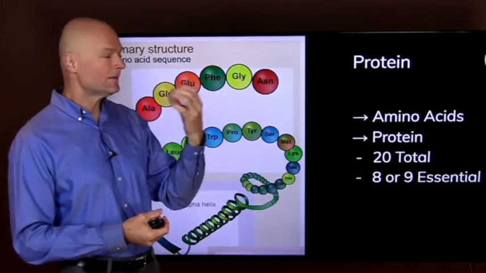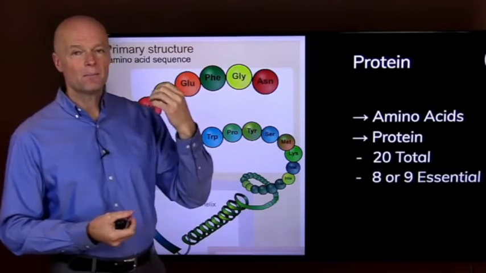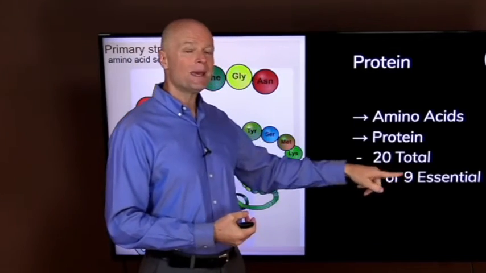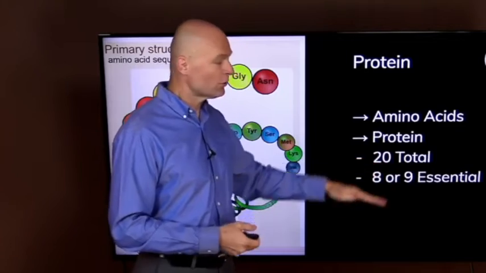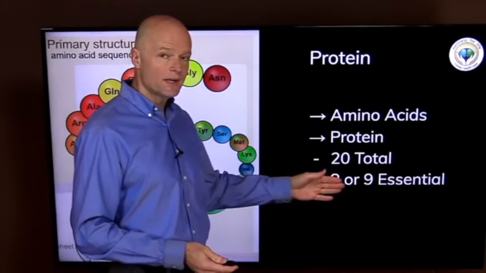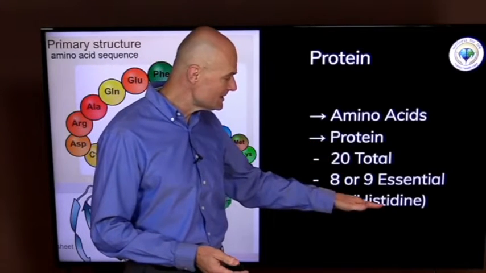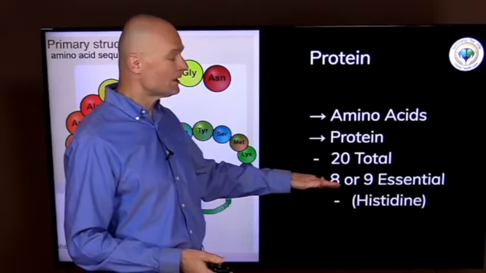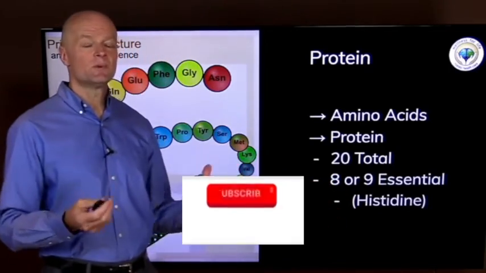We have to eat them because the body can't make them. But if we eat these 8 or 9, then we can make the other ones for a total of 20. The reason they're not quite sure if it's 8 or 9 is that histidine, which is the 9th one, can be made from the other 8. But today we'll just assume that there are 9 of them.